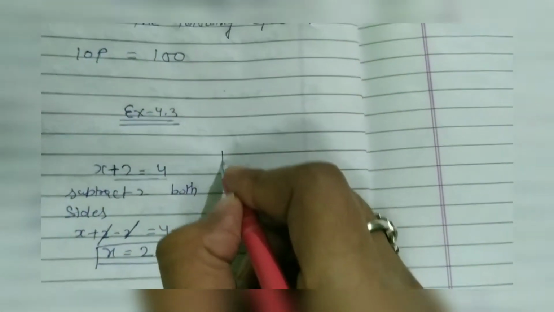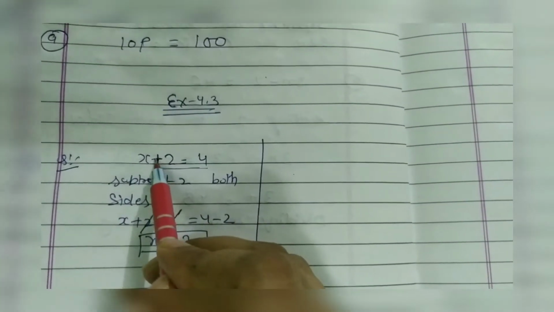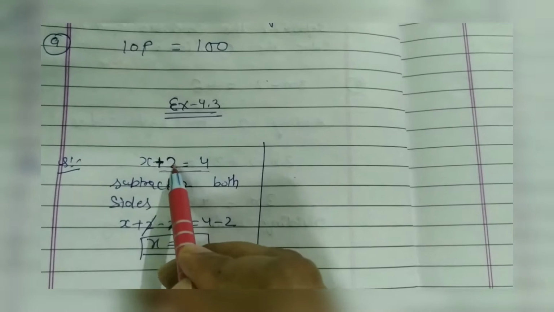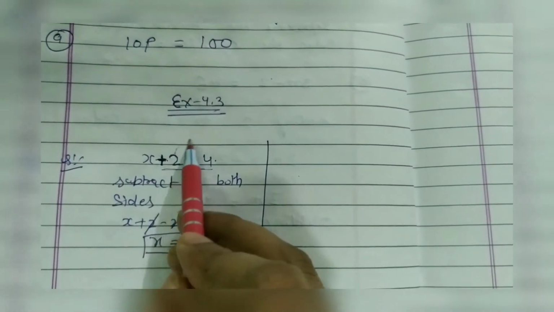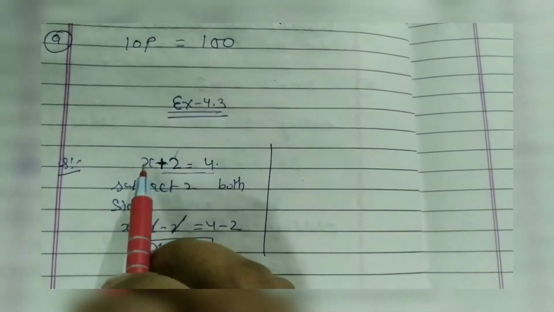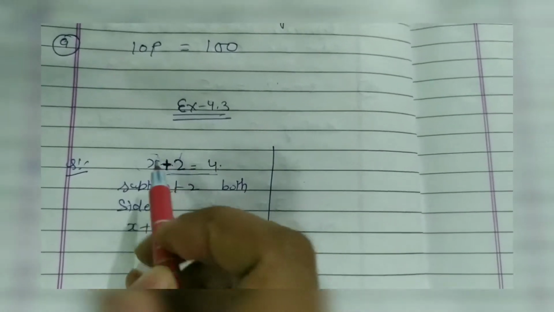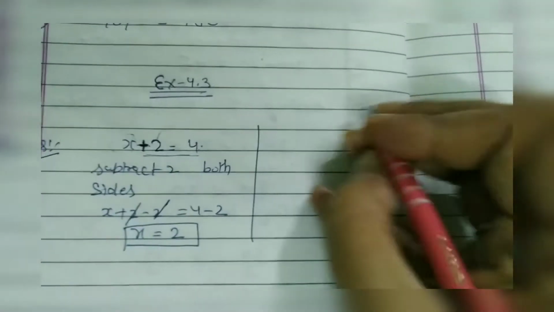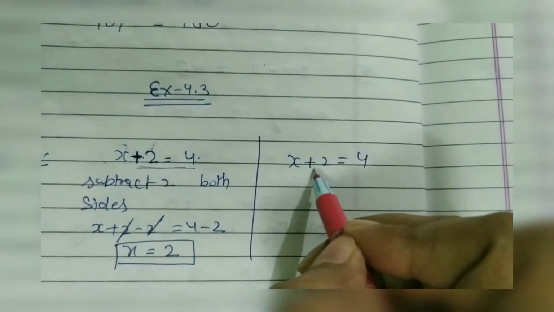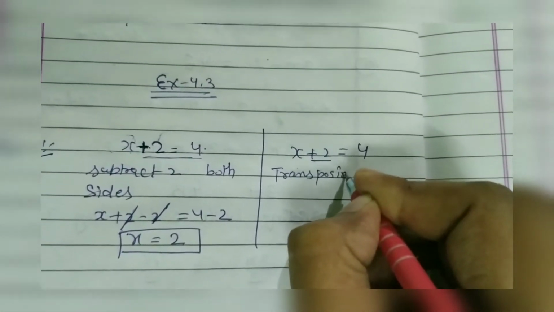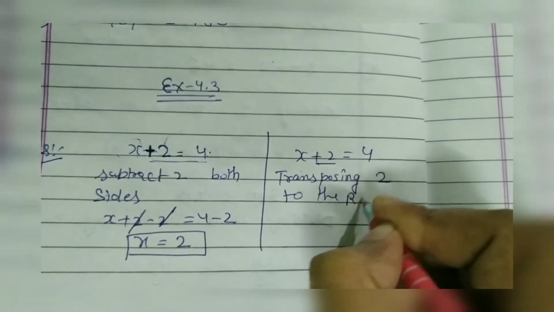In this equation, we use the second method. The second method is that if there is a number with plus 2, we transpose this number with minus. If it is minus, it goes to the other side as plus. If a number is multiplied with x, it goes as divide, and divide goes as multiply. So we transpose this number to the RHS.